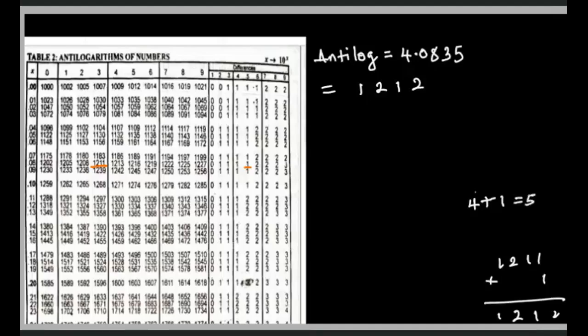So I'm going to move 5 decimal places forward from the left towards the right: 1, 2, 3, 4, and 5, and then I stop. What do you observe? I can have a vacant space here, so I'll call it 0 since it is vacant. And therefore my answer becomes 1, 2, 1, 2, 0.